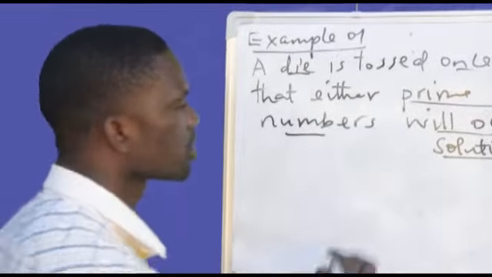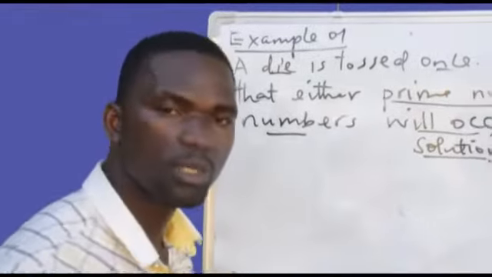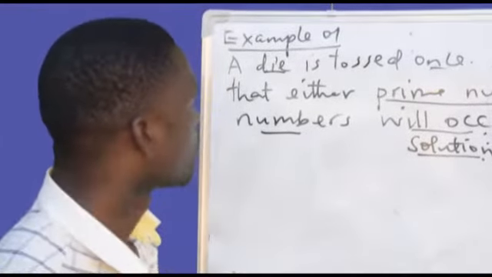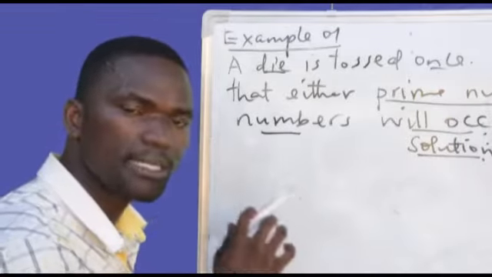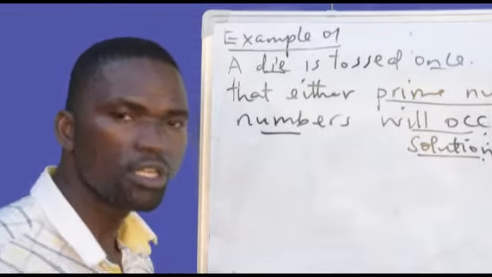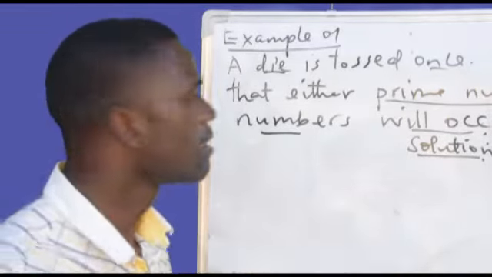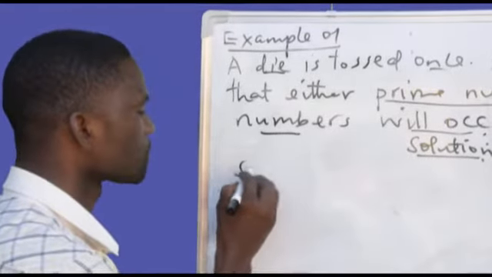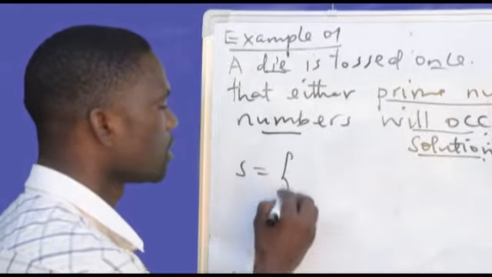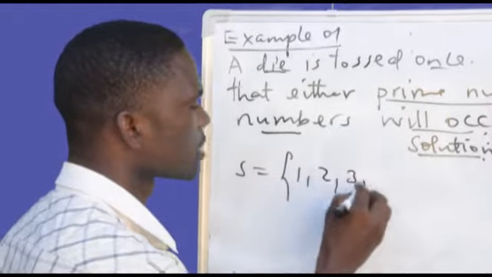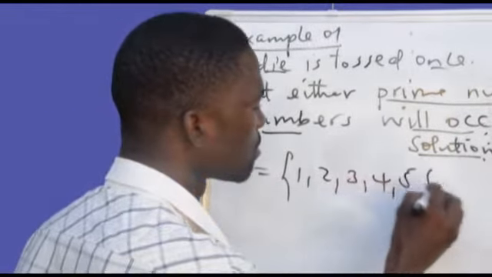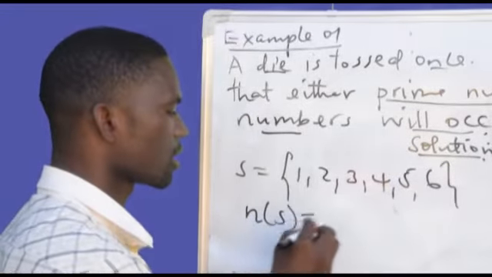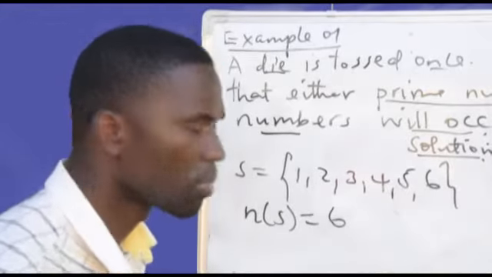We'll see why I'm saying they are mutually inclusive. To solve this question, first you have to understand what the probability experiment being talked about is. Quickly you will see this experiment involves tossing a die. If you toss a die, the sample space is the numbers from 1 up to 6, and the number of elements in the sample space is 6.